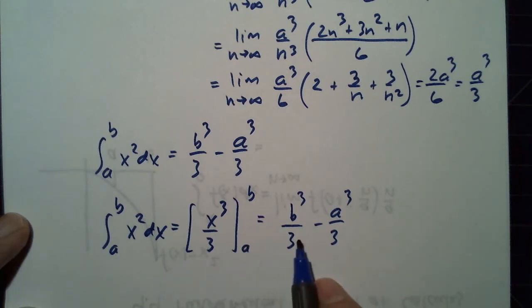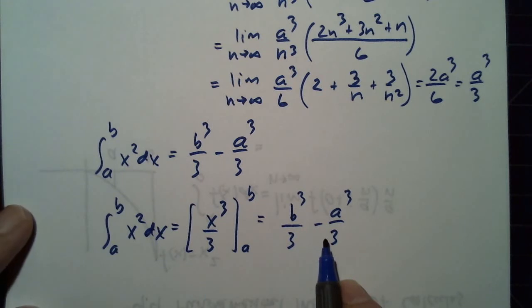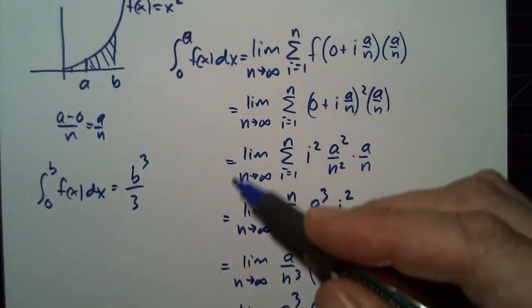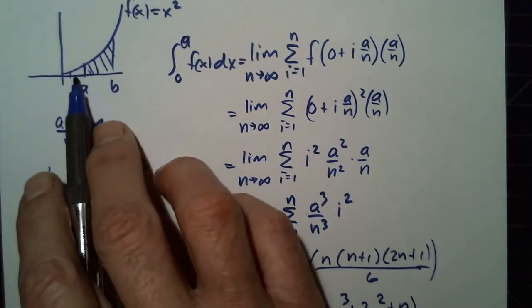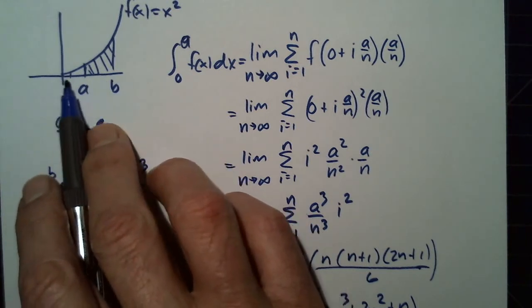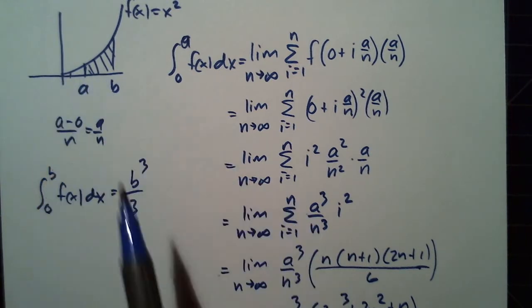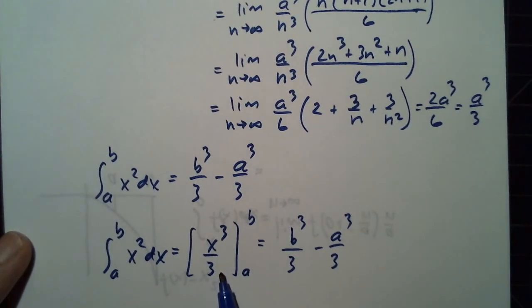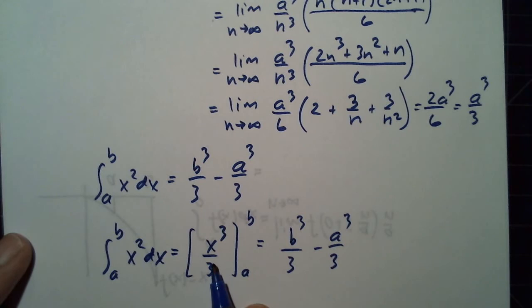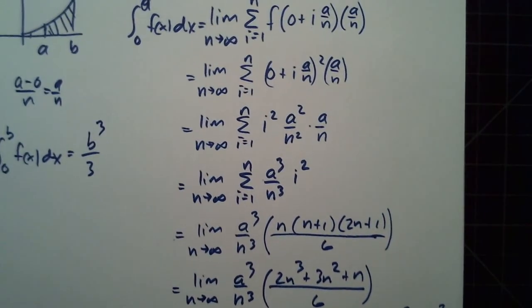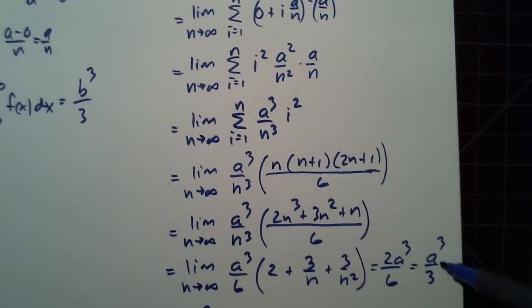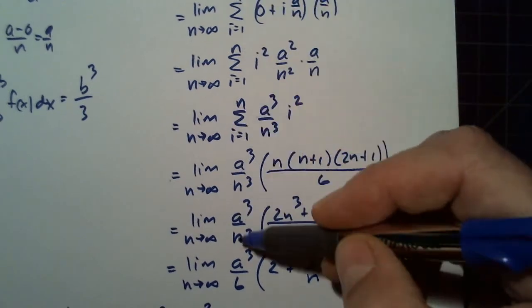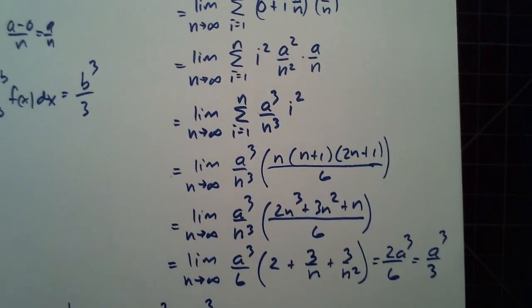So we can see how all this arises from this procedure that we just did, where we go 0 to b minus 0 to a, and that will give us the desired area. And then we also see that the antiderivative just happened to come up out of doing the limit.